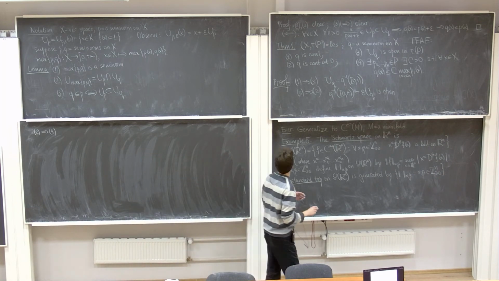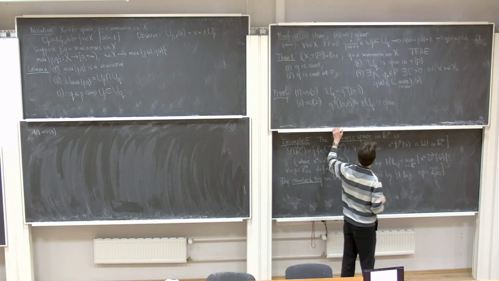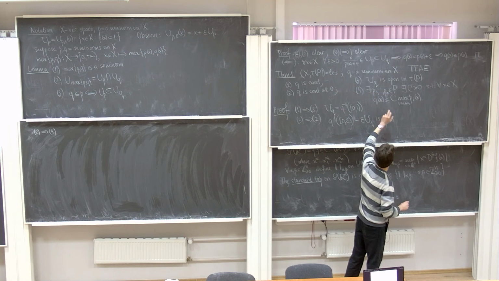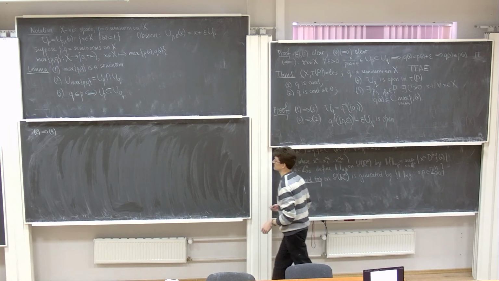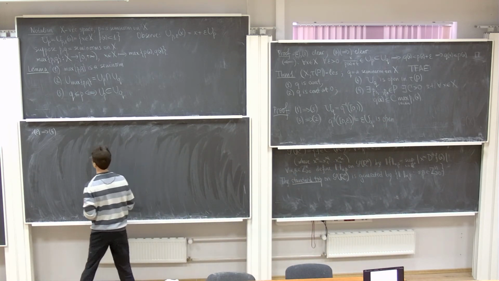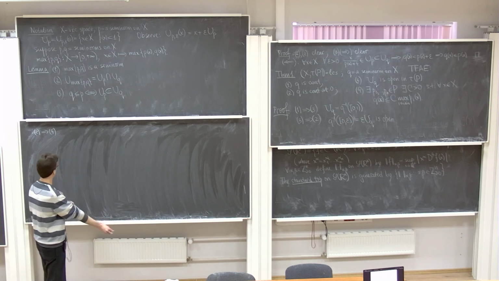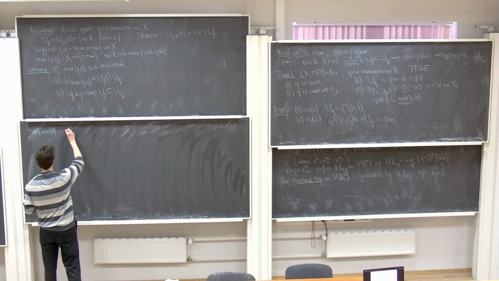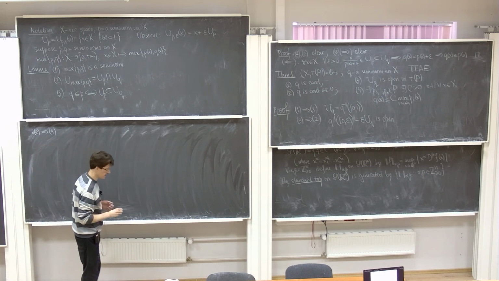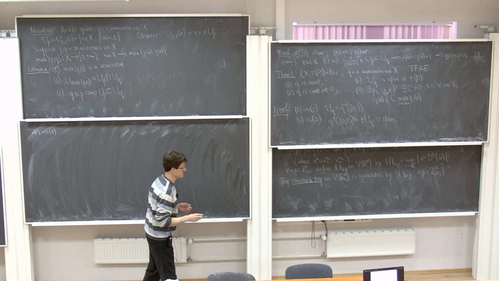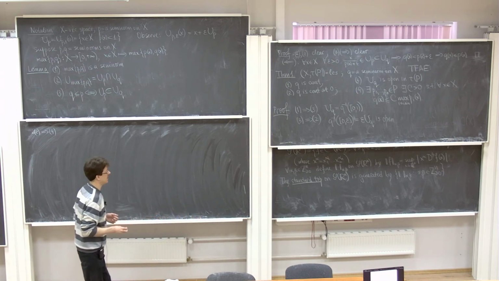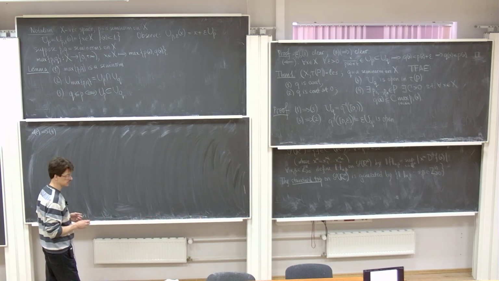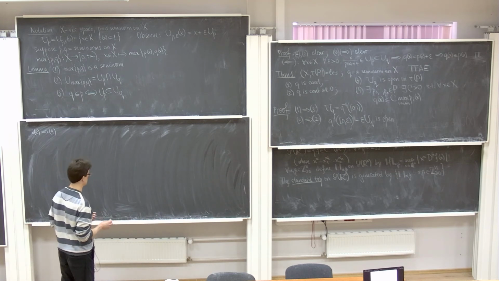And we want to show that Q is dominated by finitely many seminorms from P. Since Q is continuous at 0, we can find a basic neighborhood of 0 such that Q takes this neighborhood to the half interval 0, 1.